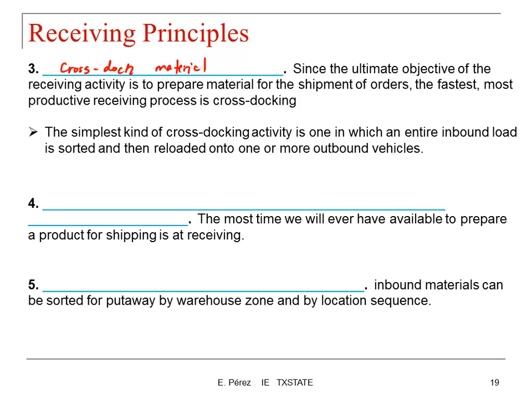So the simplest kind of cross-docking activity is one in which an entire inbound load is sorted and then reloaded onto more outbound vehicles.